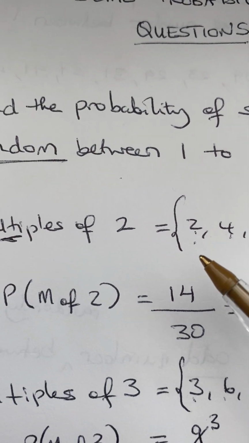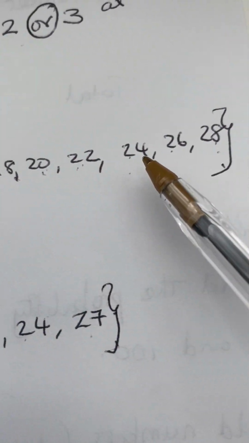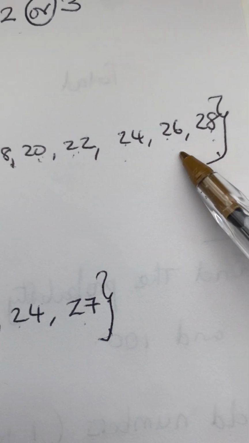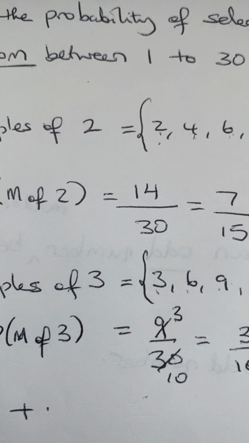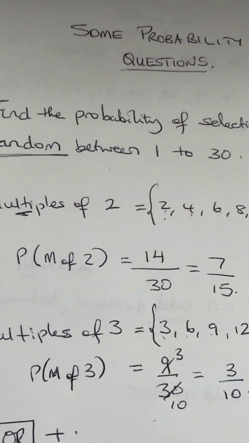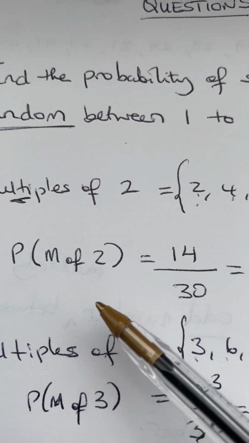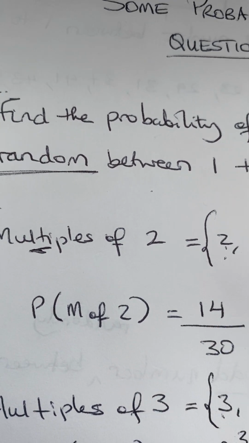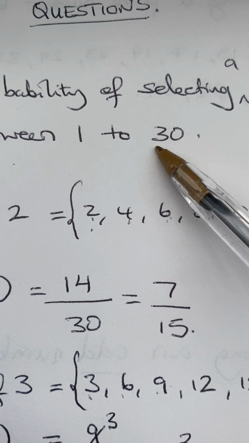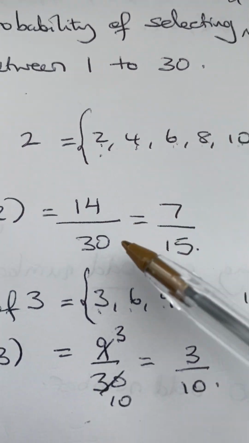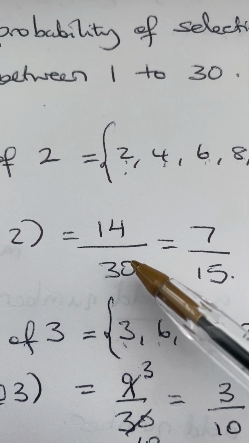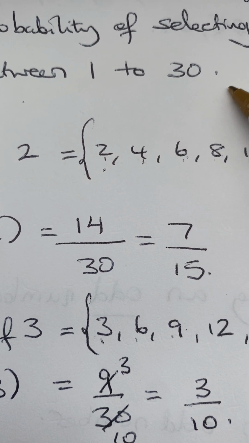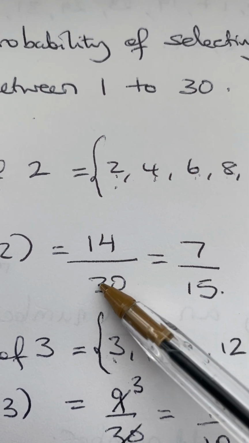So now here we have our multiples of 2. If we want to find the probability of multiples of 2, the numbers between 1 to 30 is 30. If you count between 1 and 30, you have 30 numbers.